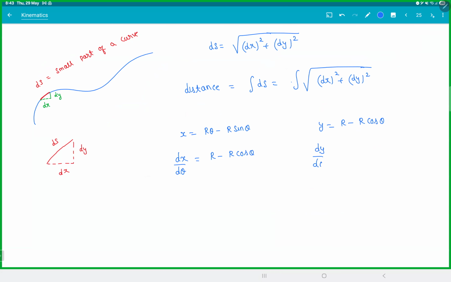Dy by d theta will be 0 plus r sine theta, since the differential of cos is minus sine theta. So we get dx is equal to r into 1 minus cos theta d theta. Dy is r sine theta d theta. Now take that and put it in that formula.